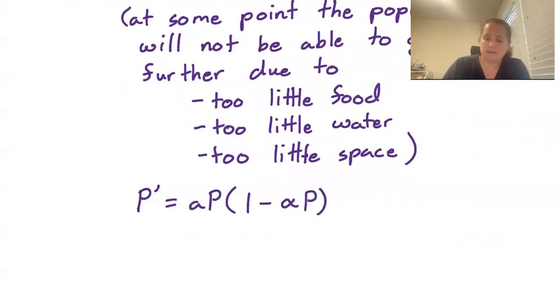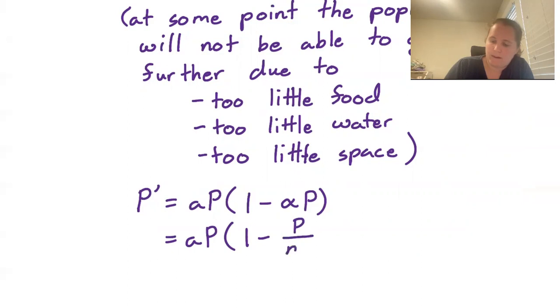So what the Verhulst model is, we have P prime is equal to AP times 1 minus alpha P. And you will often instead see this as AP times 1 minus P over M. So again, here A and M are constants.